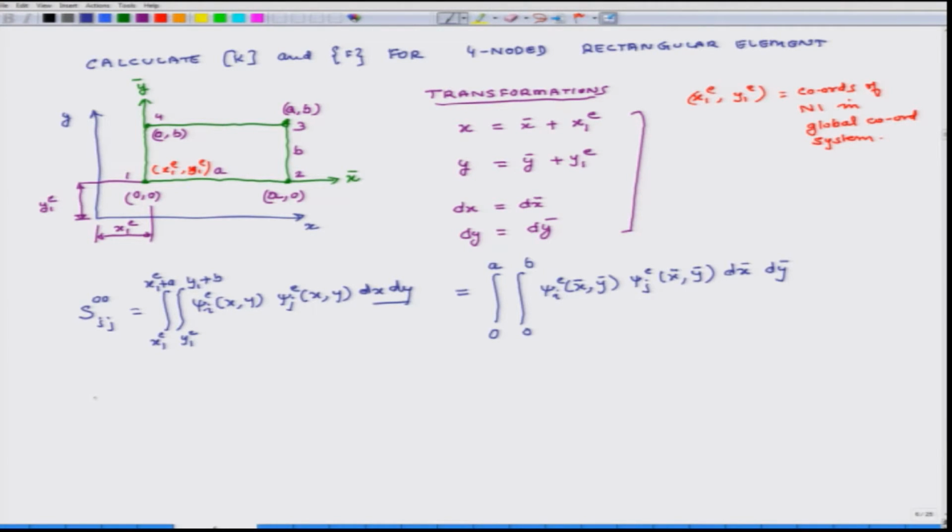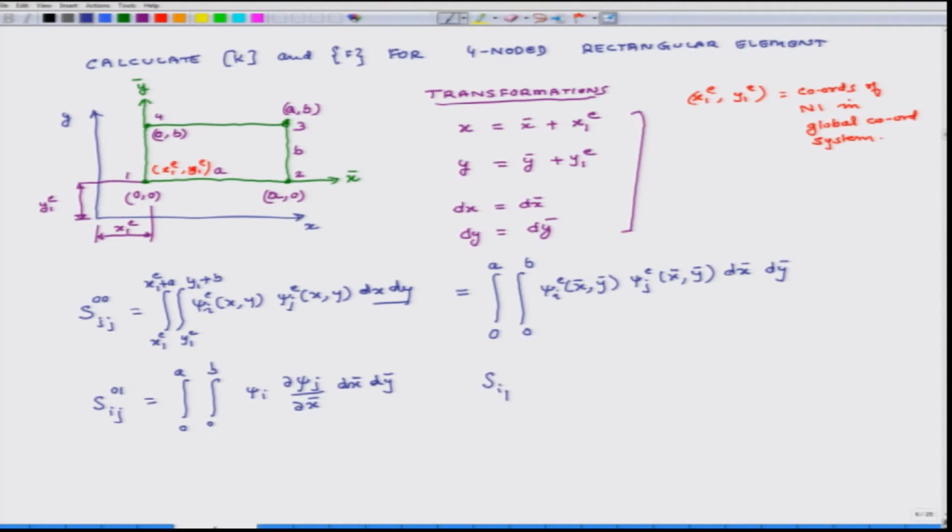Okay. Similarly, S ij 01, I can write as a double integral 0 to a, 0 to b. So, now I am directly writing the expression in the local coordinate system. It is psi i del psi j divided by del x bar, dx bar dy bar. I can directly write that.